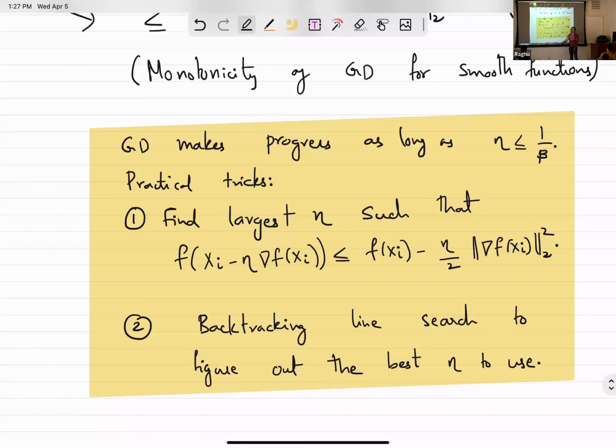You're only changing the step size. You go back to the point and change the eta. You're not moving from x_i until you decide which eta to use, and then you just keep going with that eta.